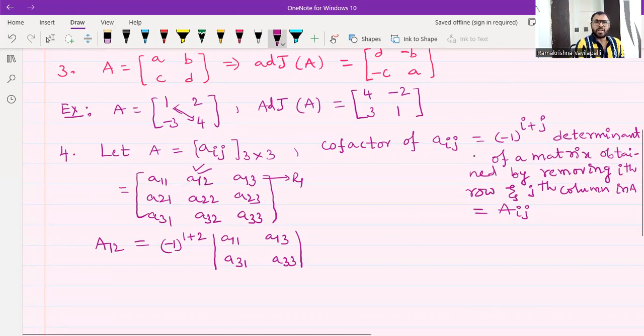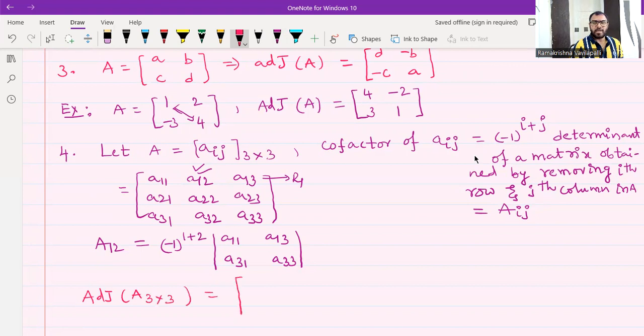Now, what is the adjoint of this 3 by 3 matrix? Adjoint of A equals what I have told you: you write the cofactors of first row elements in a column. So A11 here, A12 here, A13.